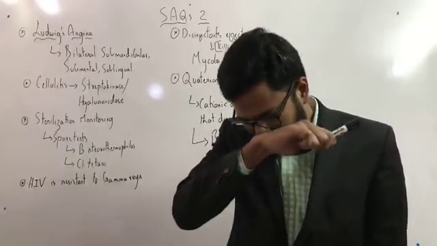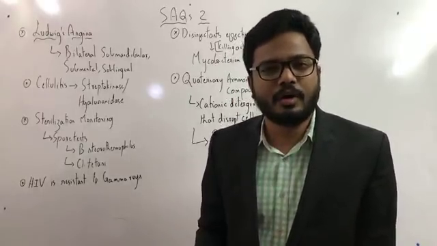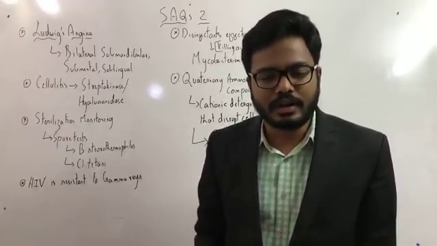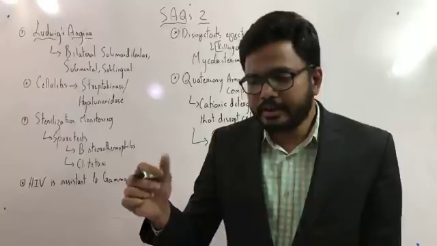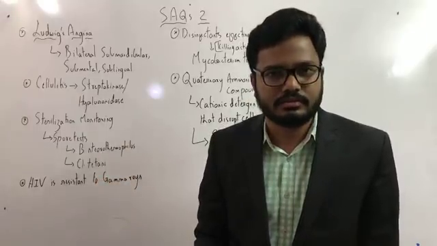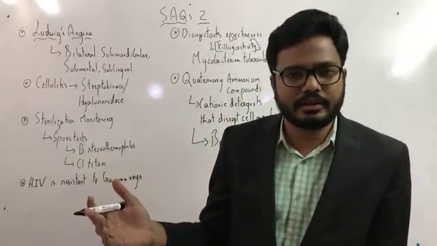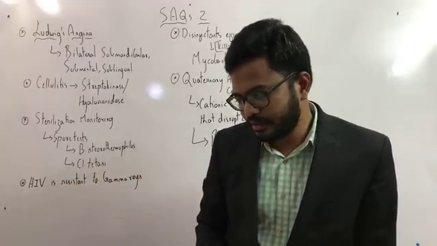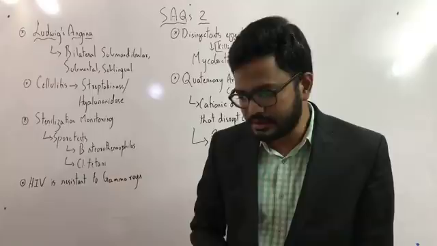Let me just ask you this general question before going into that. Exotoxins are produced by which class of bacteria? And endotoxins are produced by which class of bacteria? That's a general question. You can answer it. It's very simple, isn't it?